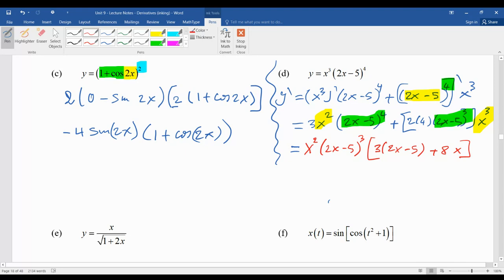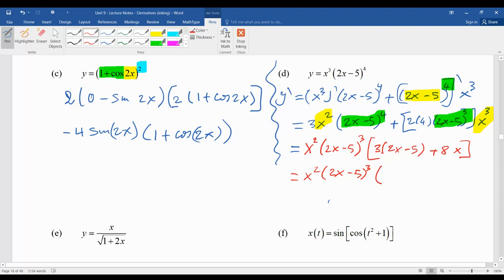It's already factored, and the 2 times 4 is 8. So now this is x squared times 2x minus 5 cubed, and we can simplify this.